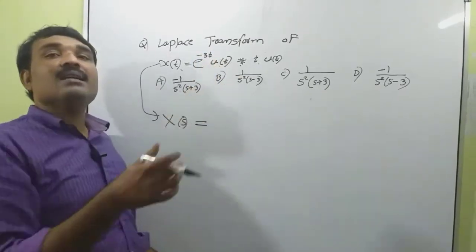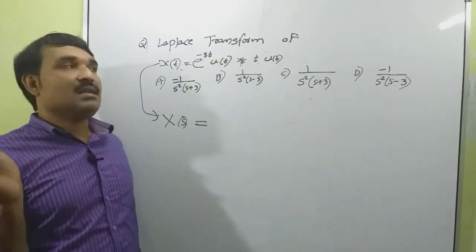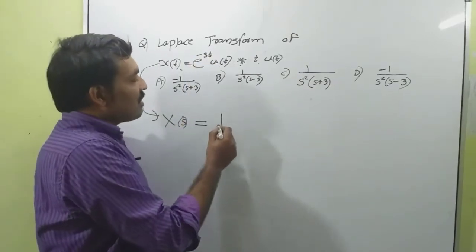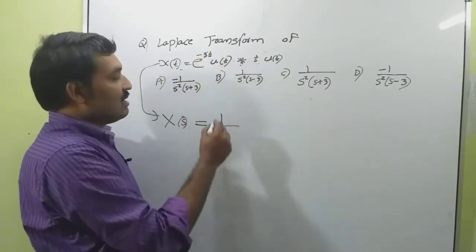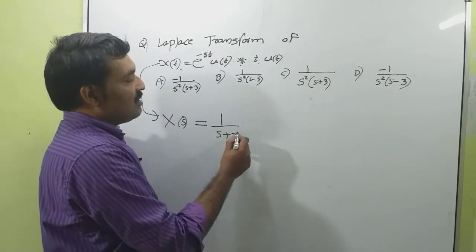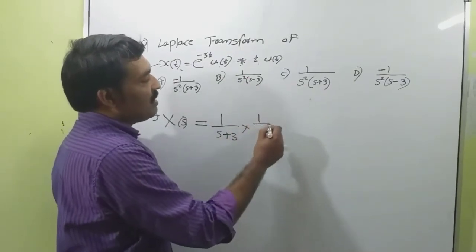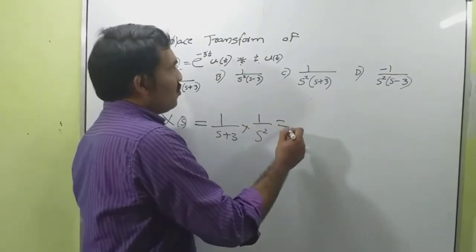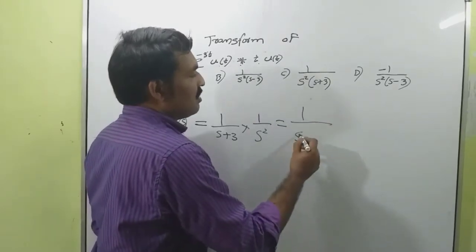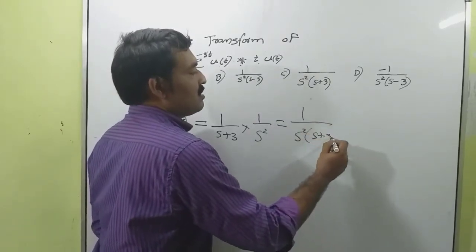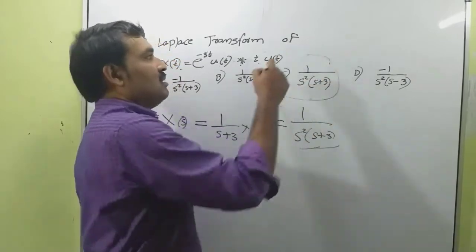This u of t is indicating that the signal is a causal signal. So the Laplace transform of e raised to minus 3t is 1 by s plus 3, this into 1 by s square. So 1 by s square into s plus 3. So C is the correct option.